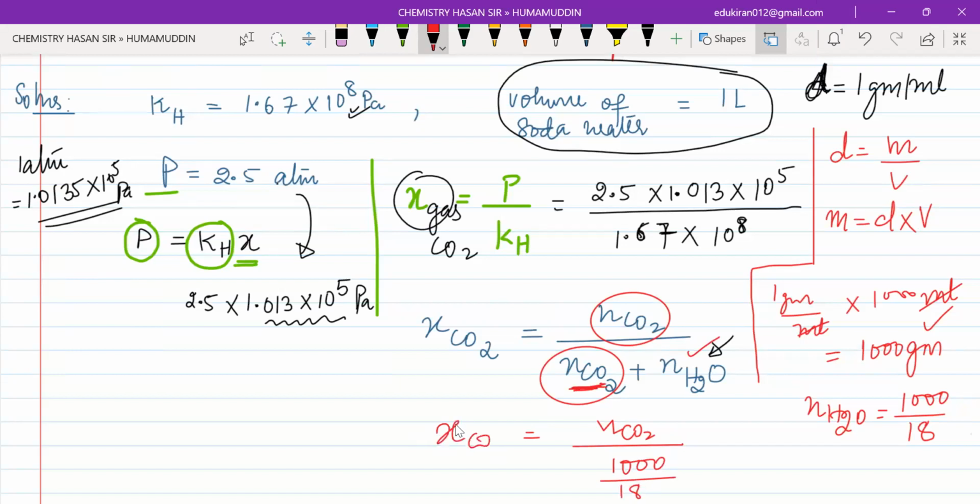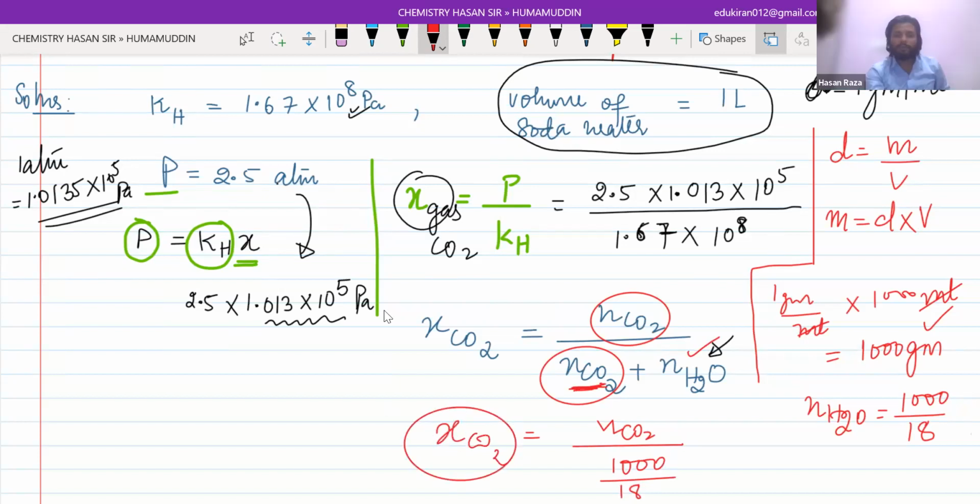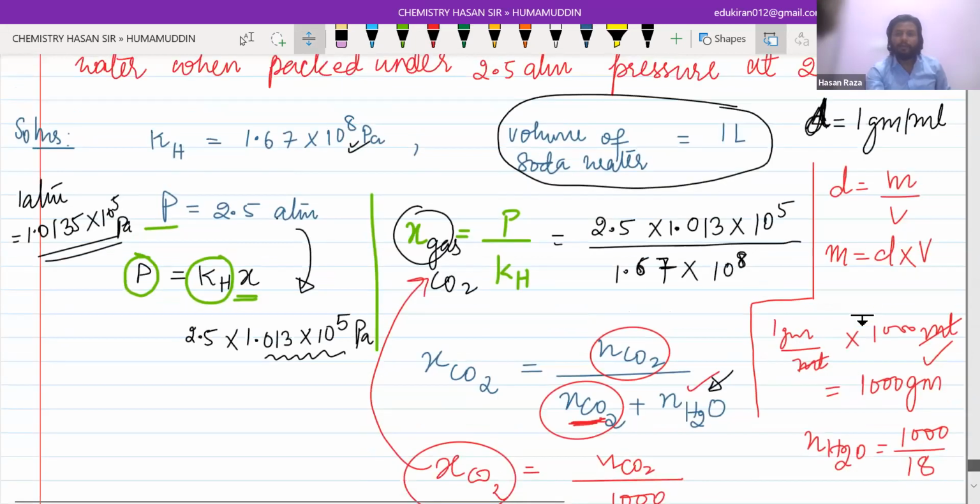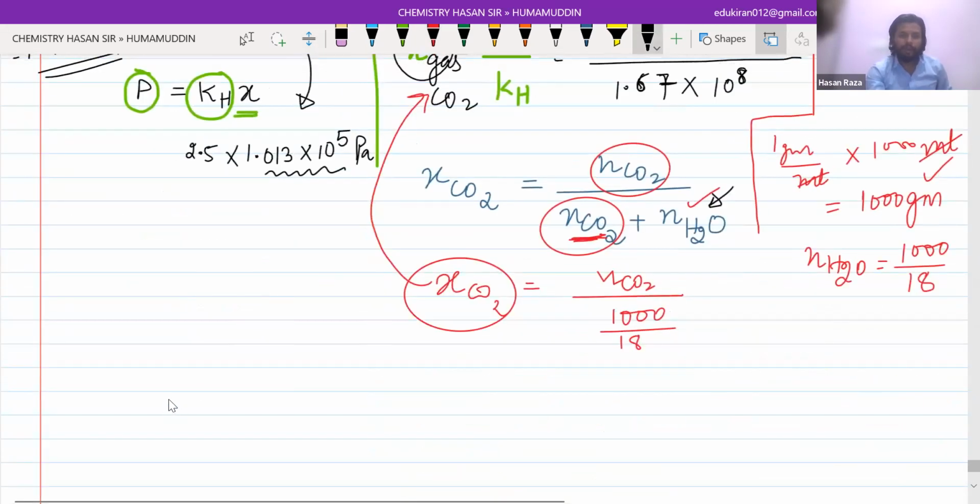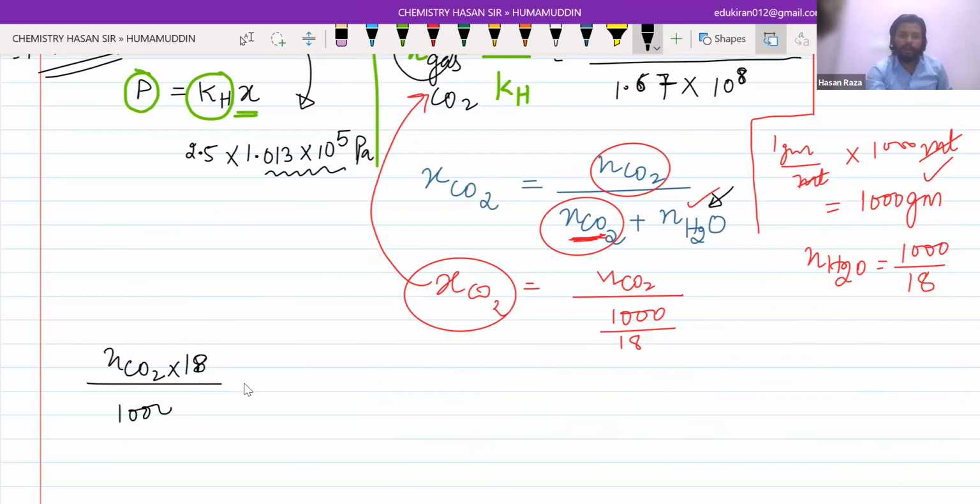And from here, you can see we just calculated the mole fraction of CO2, and I'm going to put it here on the left hand side. So please do write it. So here it will be the number of moles of CO2 upon 1000 upon 18. So 18 will be multiplied in the numerator and 1000 will be here. And then we can write 2.5 on the right hand side. Just wait a minute. I don't know why it's not working.